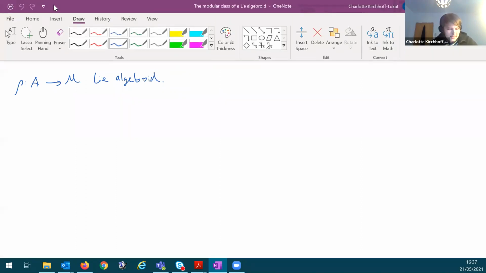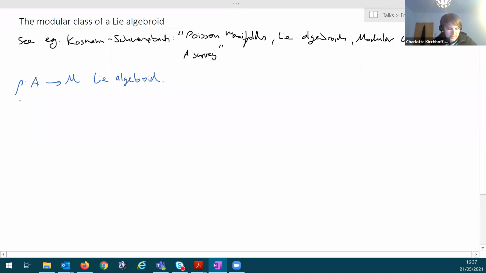The modular class is a particular characteristic class we can associate to any Lie algebroid, and it's one example of the characteristic class associated to actually every Lie algebroid representation. So let's also fix a real line bundle.